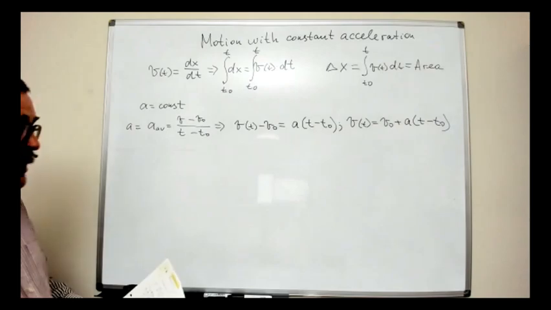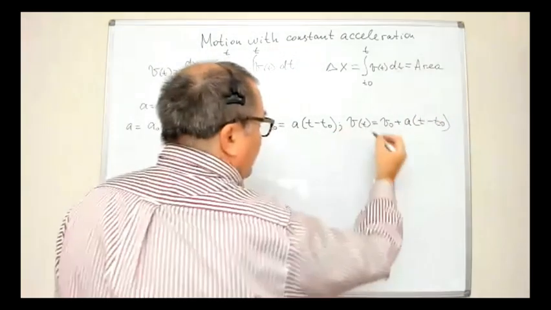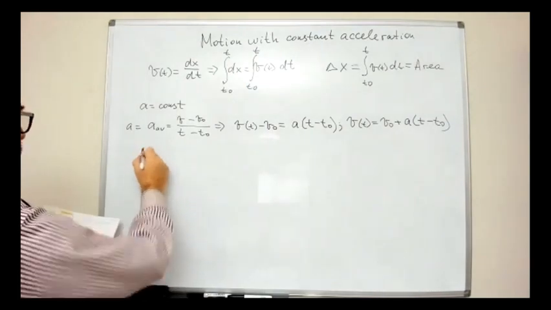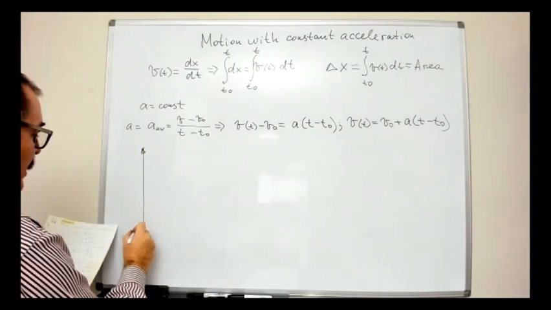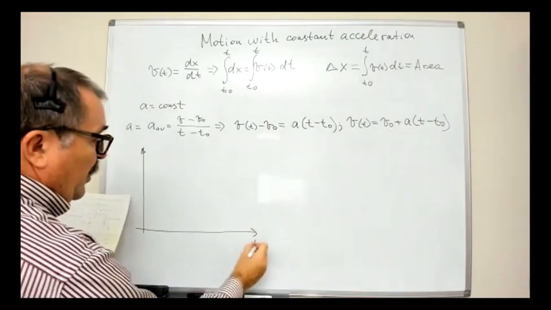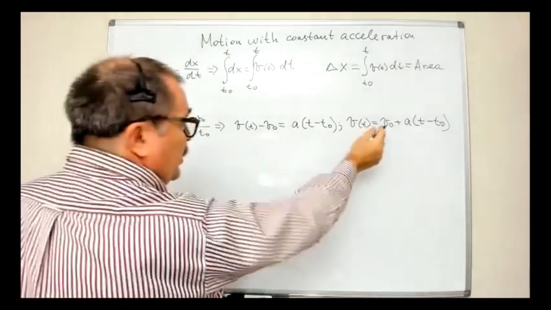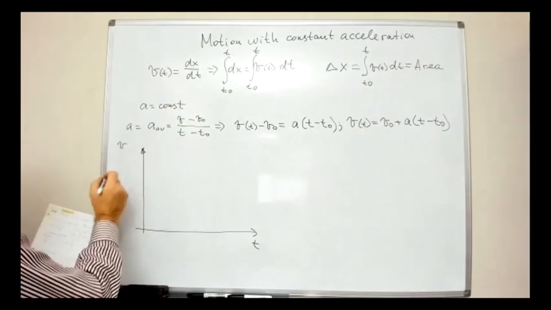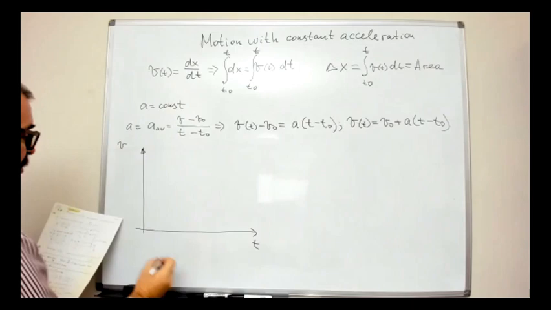So now let me plot this function. So I'm plotting here how velocity depends on time for the motion with constant acceleration. Here I'm plotting velocity, here the time t.